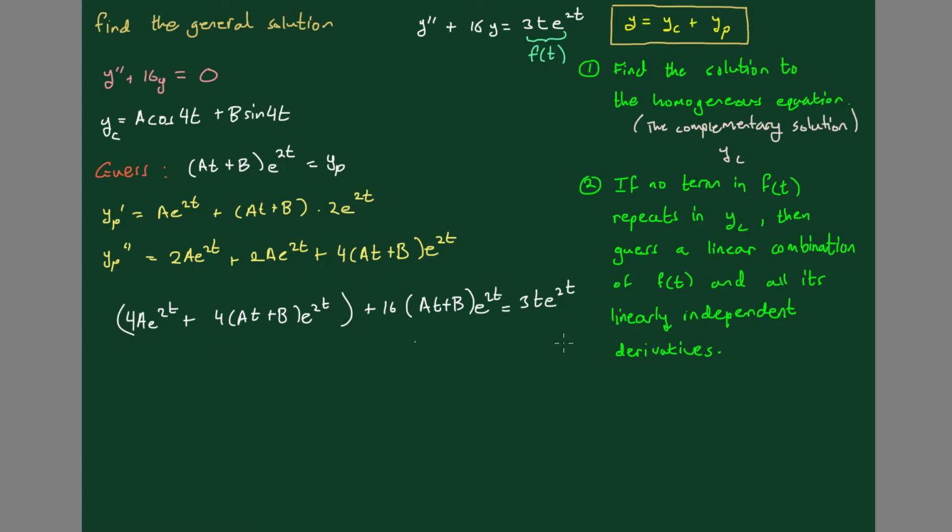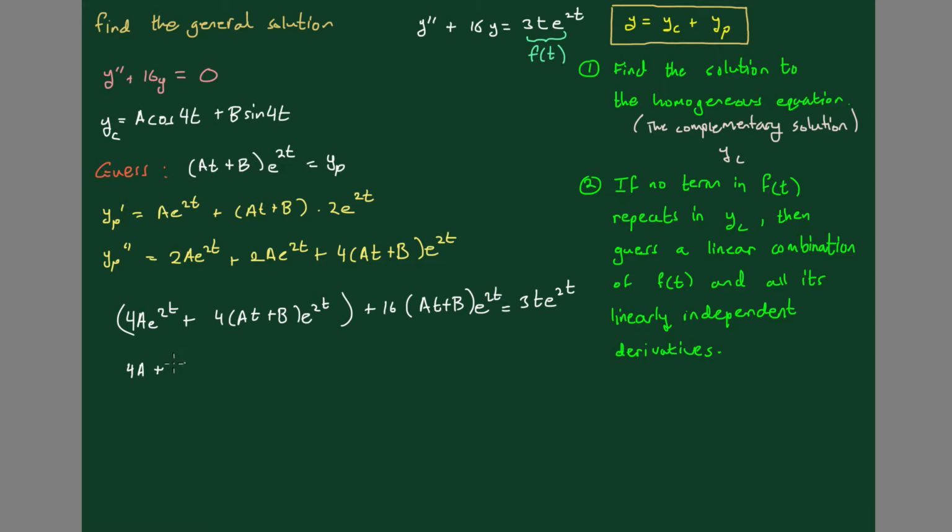So we can go ahead here and combine like terms. So we're going to have 4a e to the 2t plus 16b e to the 2t, and then plus another additional 4b e to the 2t. So that means we're going to have 4a and then plus 16b plus 4b.